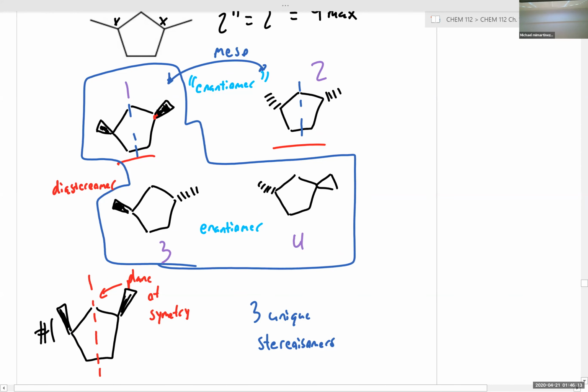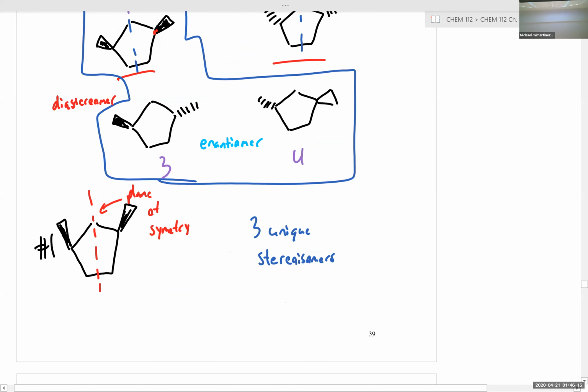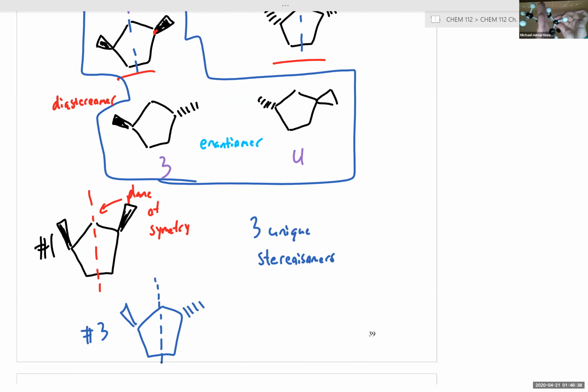For those who thought 3 and 4 would be meso, let's take a look. Things are best proved via experimentation. So let's take a look at number 3. If we divide this molecule straight down the middle, are the substituents the same or different on both sides of our dividing line?